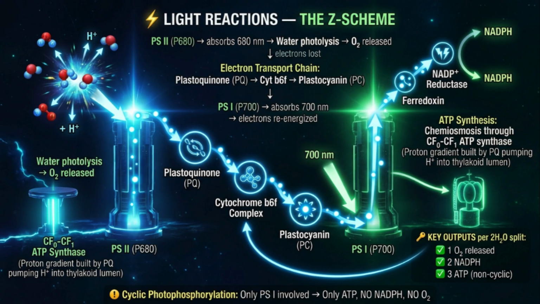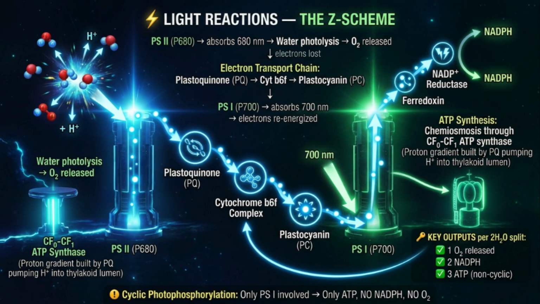The electrons then travel down the electron transport chain, through plastoquinone, then the cytochrome B6F complex, then plastocyanin. As electrons move through this chain, especially at plastoquinone, protons are pumped into the thylakoid lumen, building a proton gradient. This gradient drives ATP synthesis through the enzyme CF0-CF1 ATP synthase.